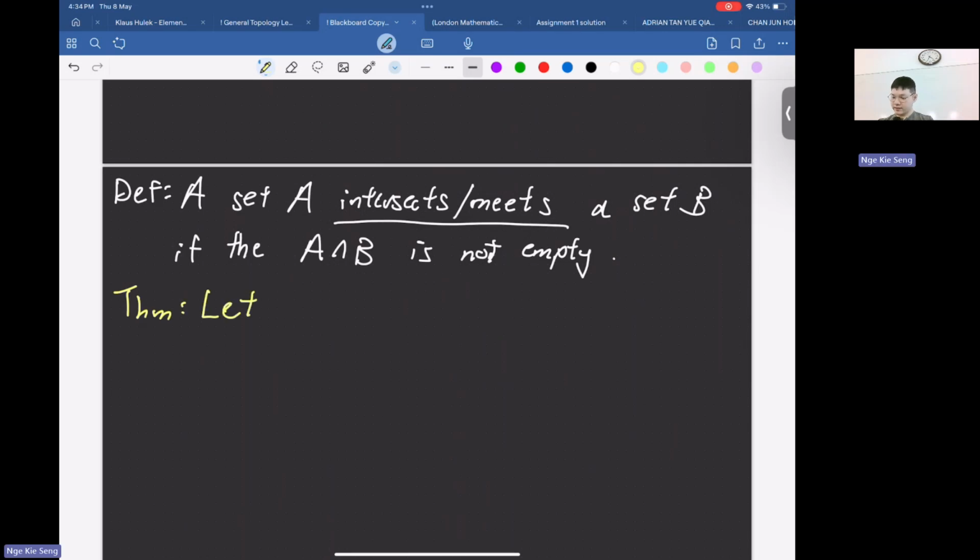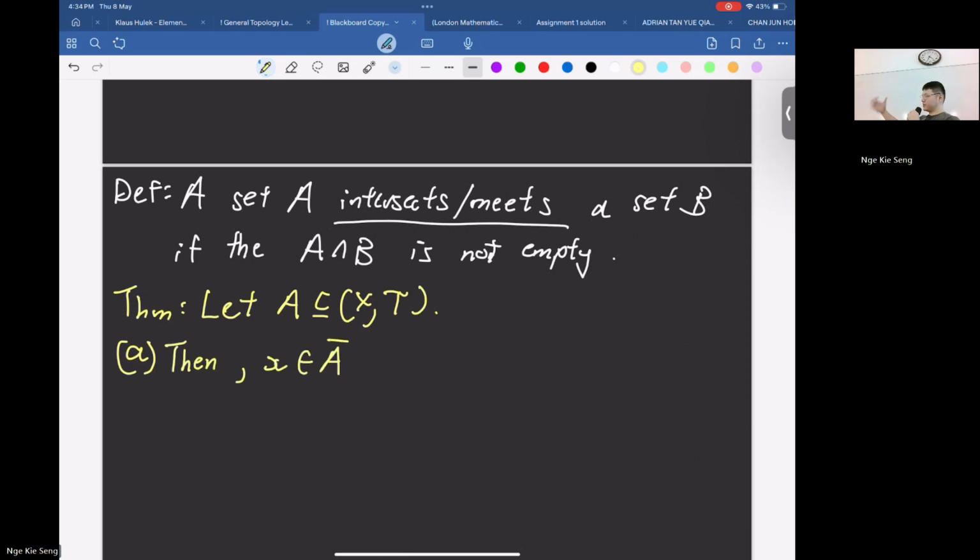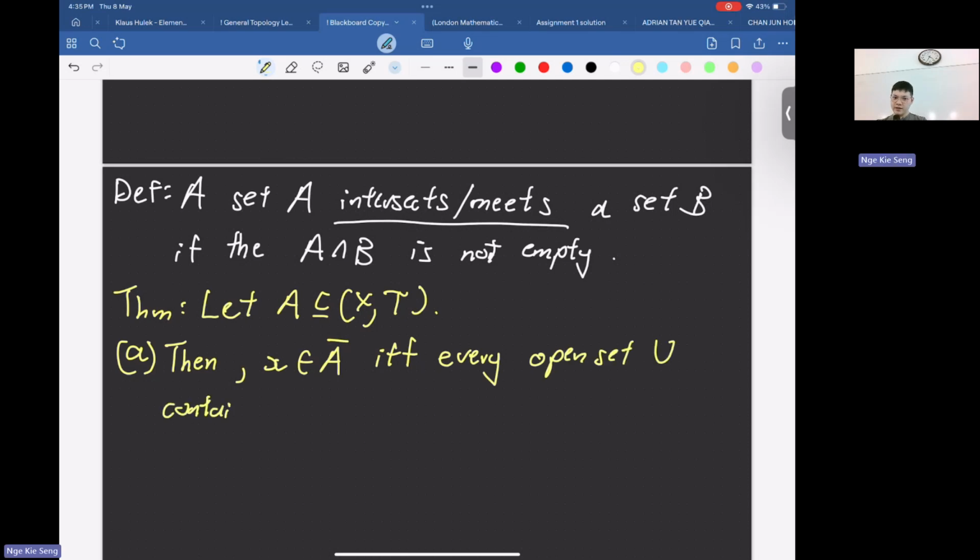So let's take some subset, just a subset, not a subspace. We say that x lives inside the intersection of all the closed sets containing A if and only if every open set U containing x will intersect A. Think about this.